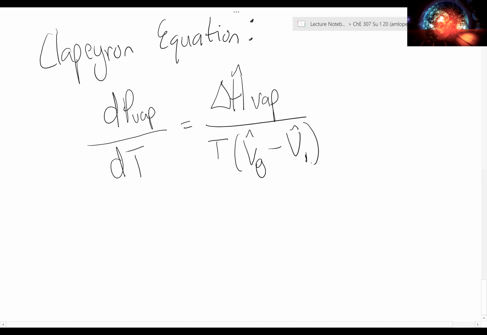Meaning the vapor pressure as a function of temperature is largely determined by the energy required to vaporize your substance over the volume requirements to move the substance from the liquid state to the vapor state.